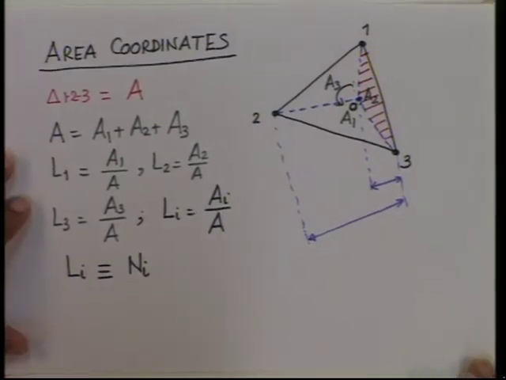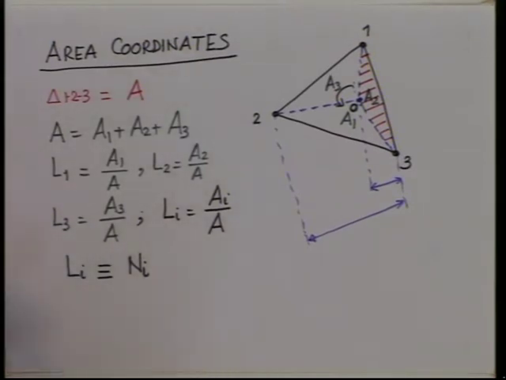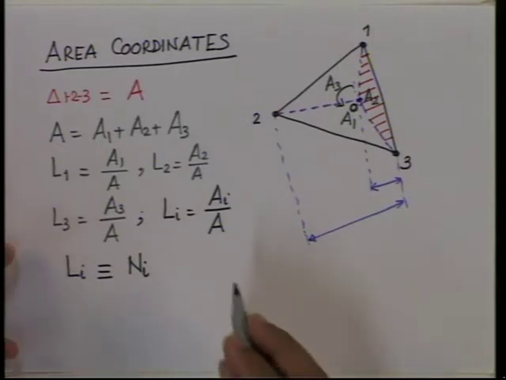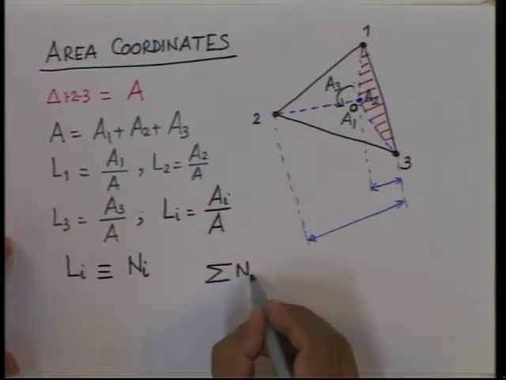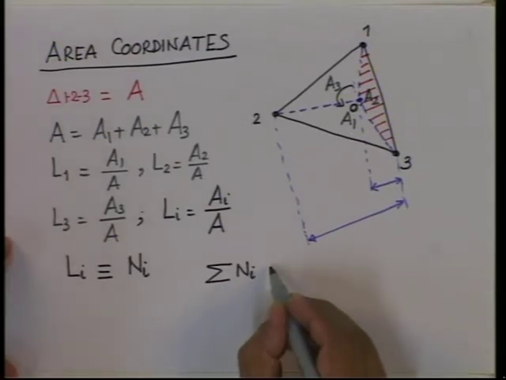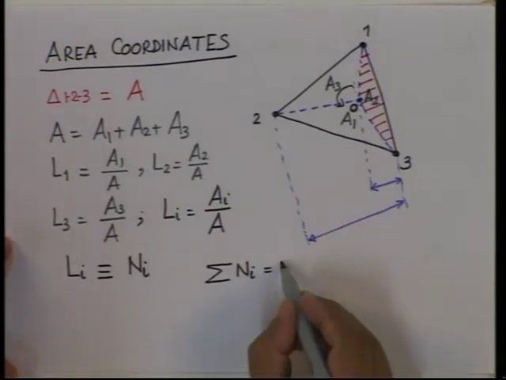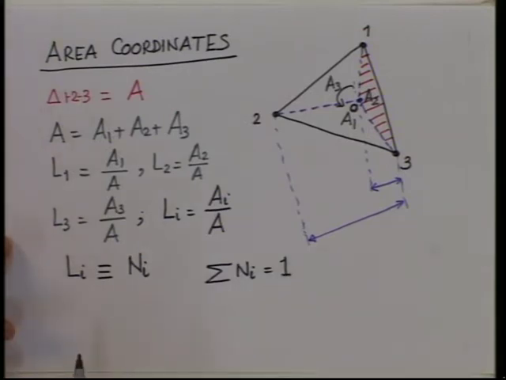You might have also seen earlier that N_i has a property: it is unity at the node under consideration and 0 at all other nodes. And the other property, I think I forgot to tell, is that if you sum all the N_i's in any domain, that will always be equal to unity.